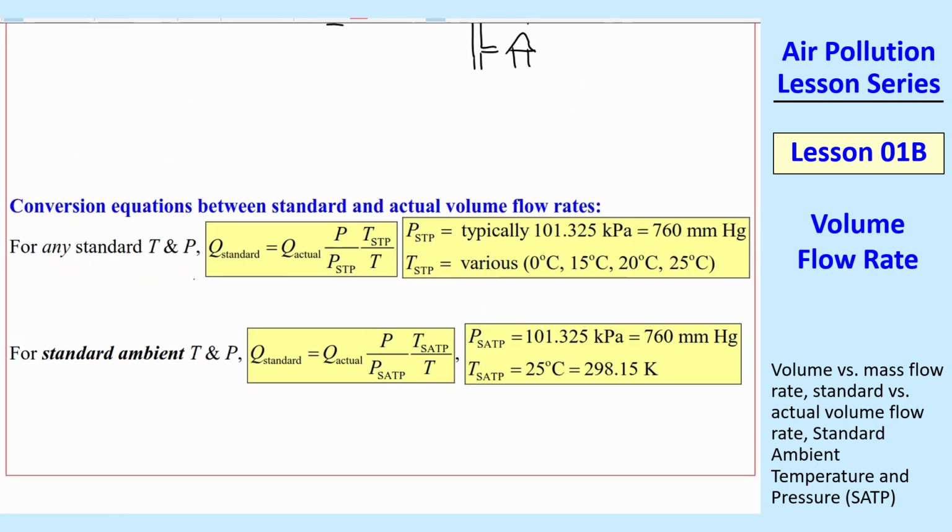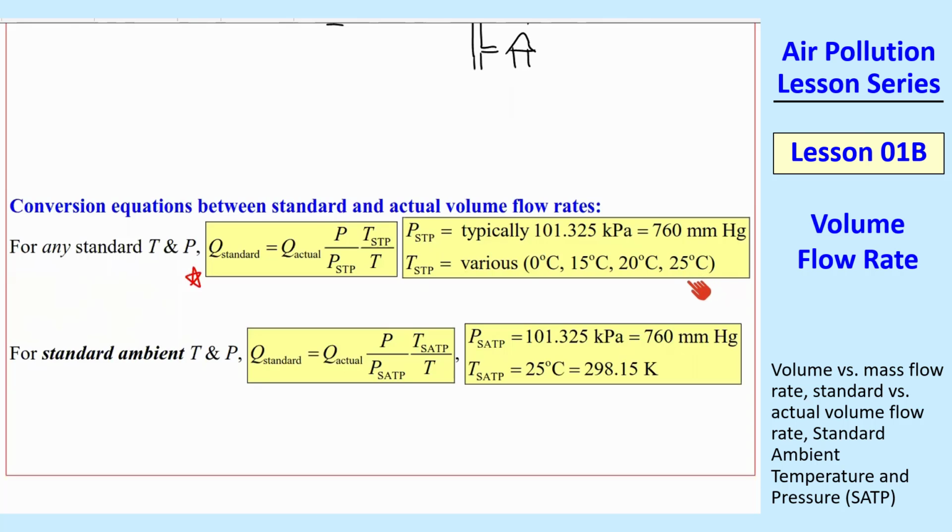Here's the main equation for any standard temperature and pressure. You can convert to Q standard equal Q actual times P over P STP, and this can be P STP, typically atmospheric pressure 101.325 kPa, and then T STP can be, depending on if you're a chemist or some other kind of engineer, there's all kind of different T STPs. I've seen 0, 15, 20, and 25.